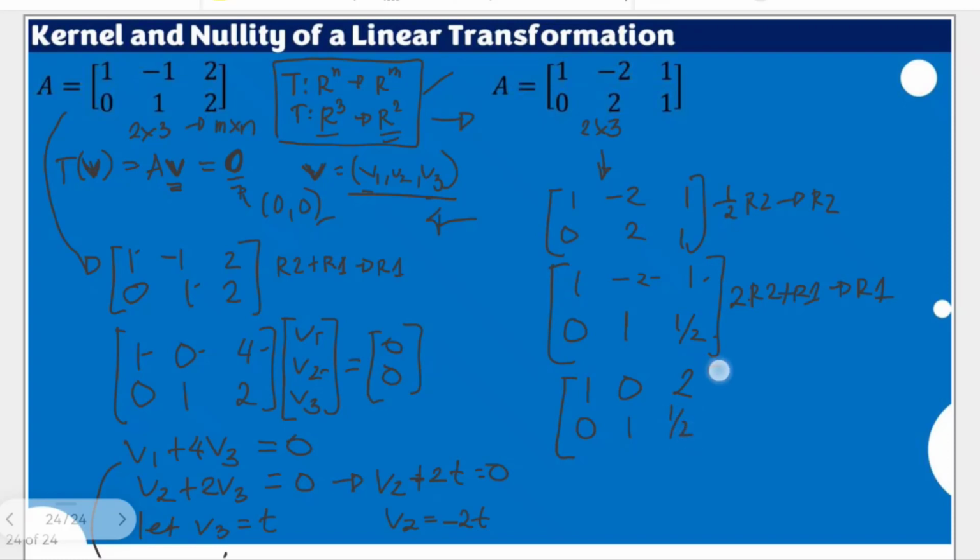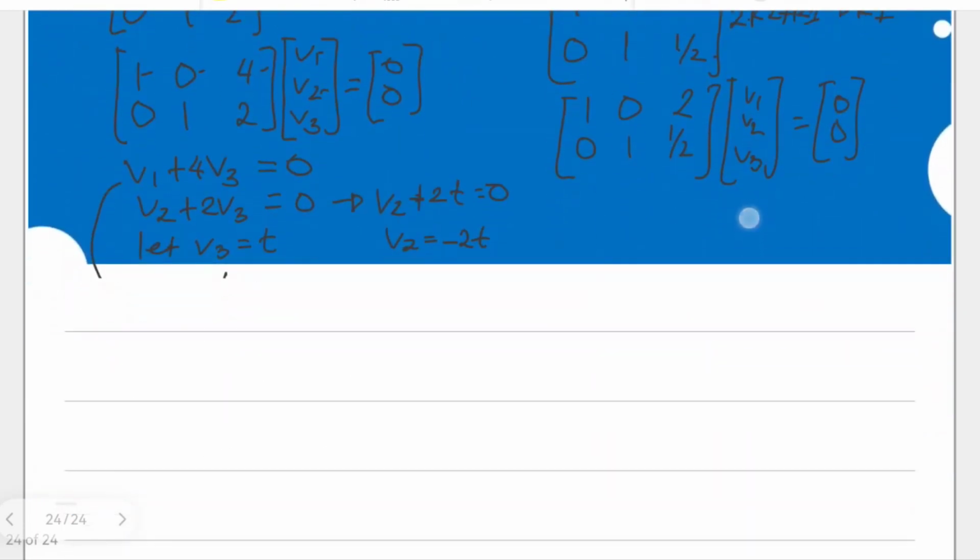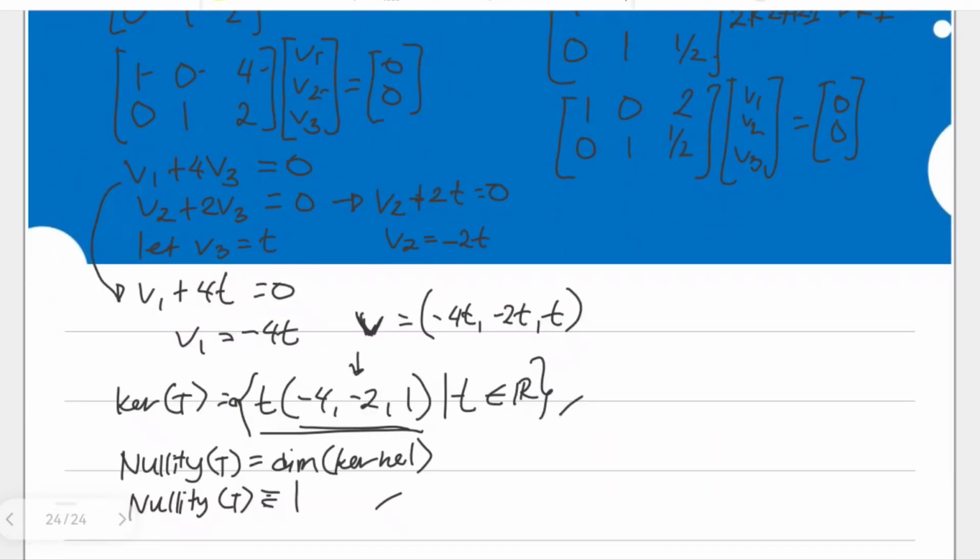We have here 1/2. This is now the reduced row echelon form, so multiply now your vector, and this is equal to, again, our 0 vector in R2. So with these spaces here, let me divide. Our first equation is v sub 1 plus 2 v sub 3 is 0.